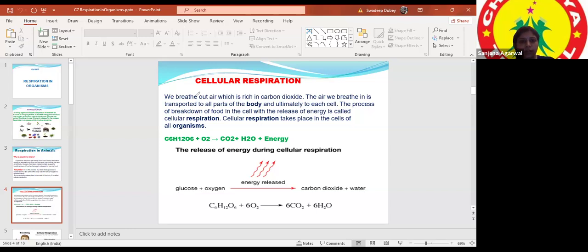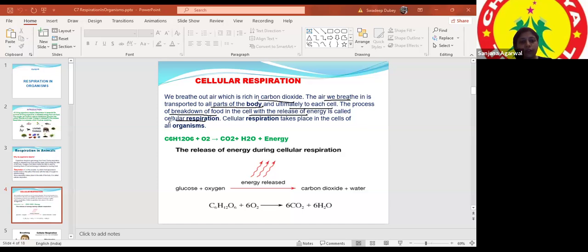So cellular respiration is, we breathe out air which is rich in carbon dioxide, and the air we breathe in is transported to all parts of the body, that is oxygen, and ultimately to each cell. Now, what happens inside the cell? The process of breakdown of food in the cell with the release of energy is called cellular respiration. It takes place in the cells of almost all organisms. All living beings undergo cellular respiration.